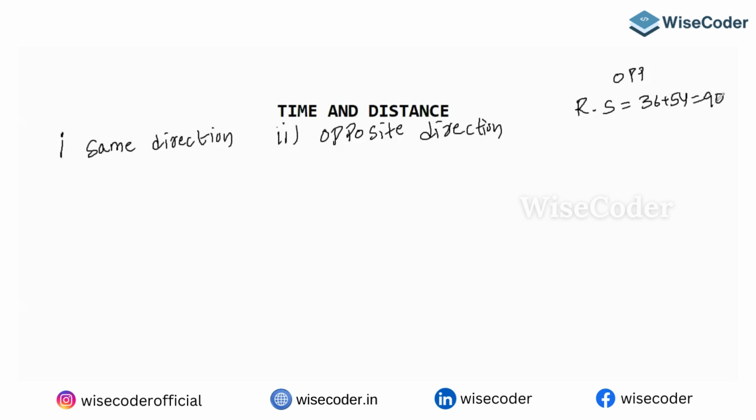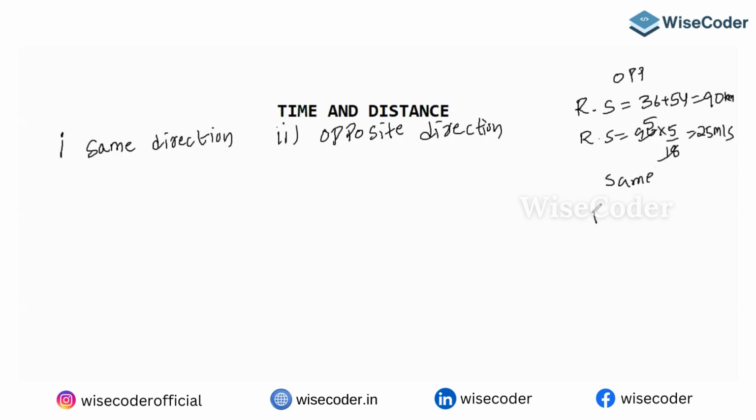The relative speed is 90 into 5 by 18, which gives you 25 meter per second.